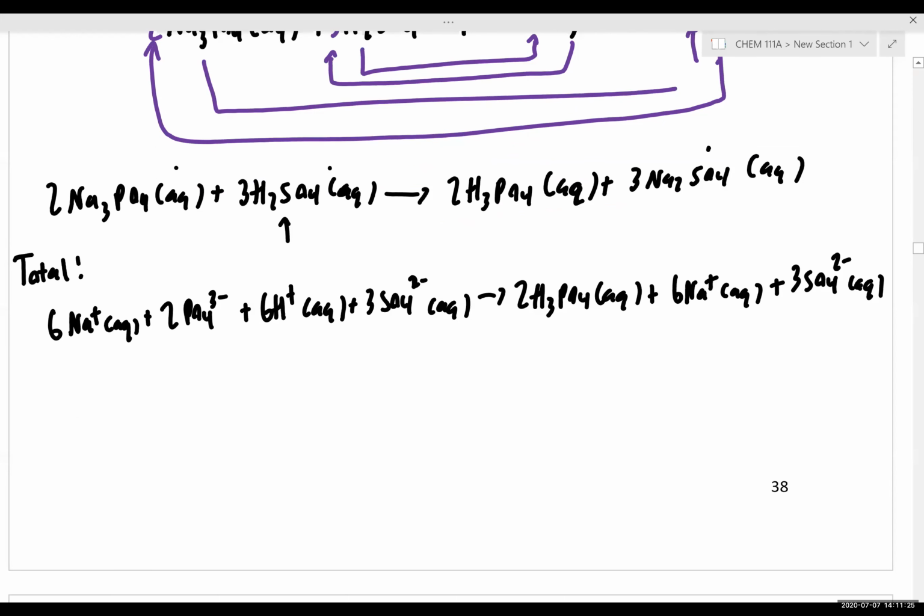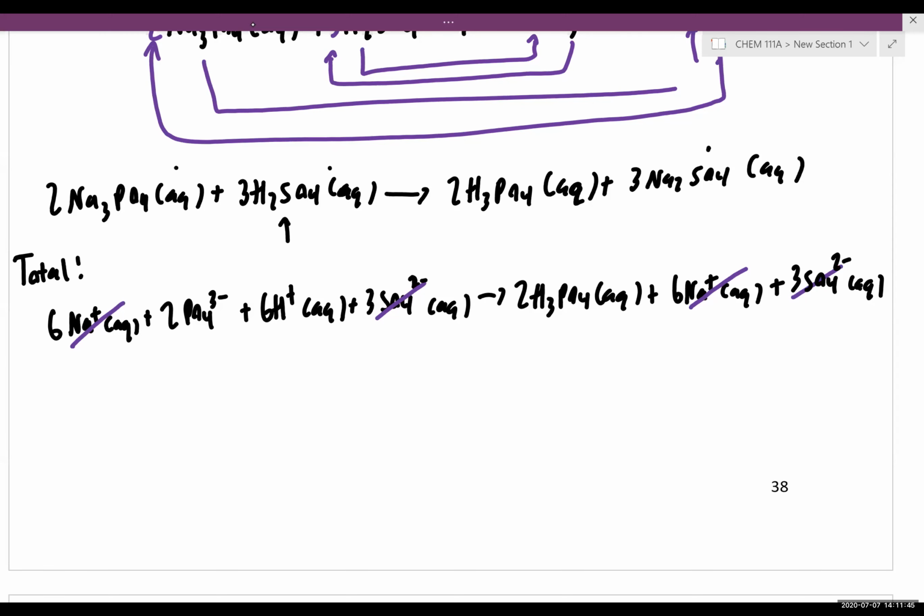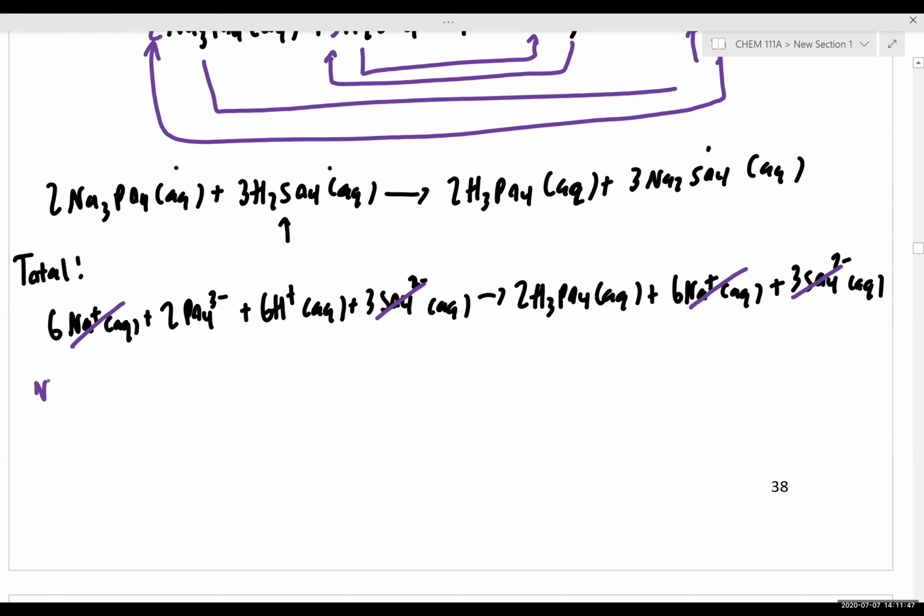What are our spectator ions in this case? Sodium, yep, so let's cancel sodium. What else? Sulfate? Yep, exactly right. So we cancel sulfate, and that gives us the following net ionic equation.